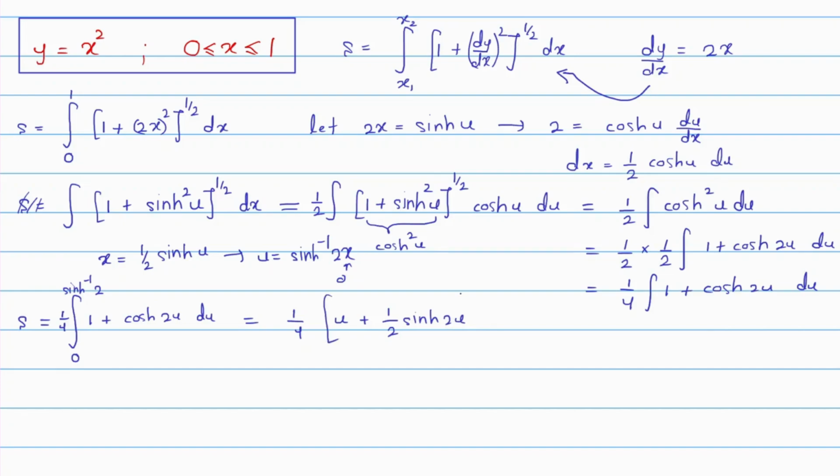When we apply the limits, sine inverse 2 and 0, the lower limit, this is going to give us, when we substitute the values, 1 over 4. So u is going to be sine inverse 2. And then here we are going to get plus 1 over 2 square root of 5.